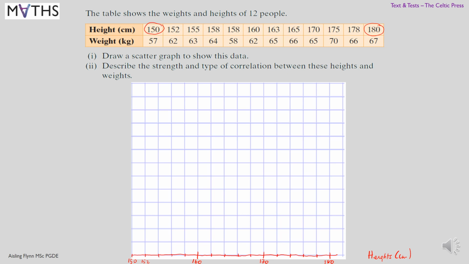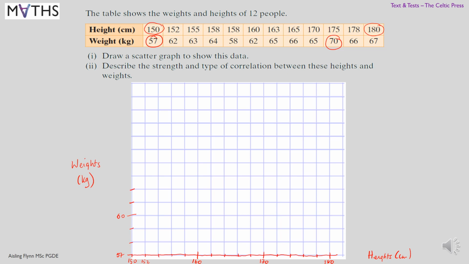Now up the side we have weights. Looking, 57 is the smallest value there, and the largest is 70. So not such a high range, so again, you don't have to start at 0. I'm starting down here with 57, and this is weight, so don't forget to label your graphs, and these are in kg. 57, 58, 59, 60, and hopefully we'll fit in up as far as 70.